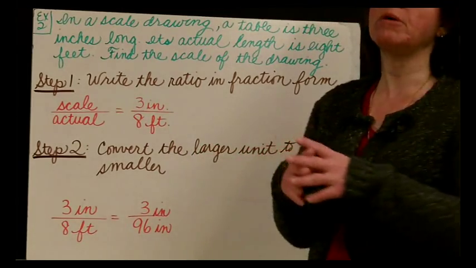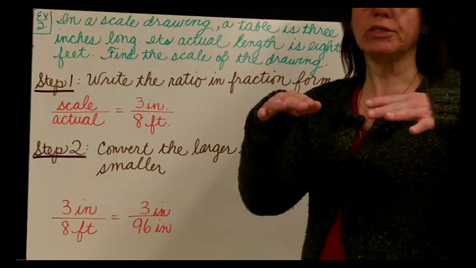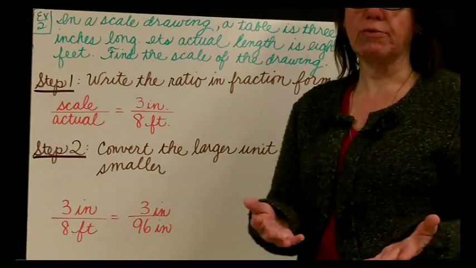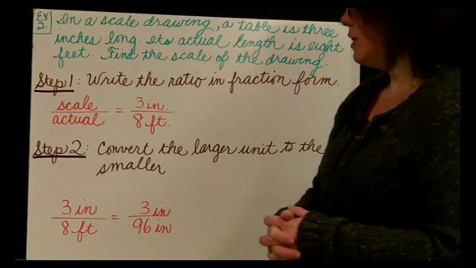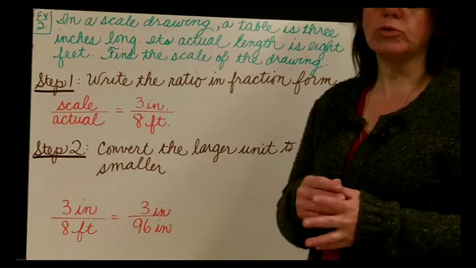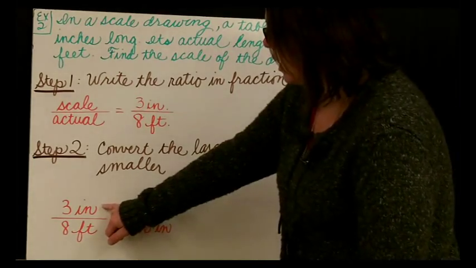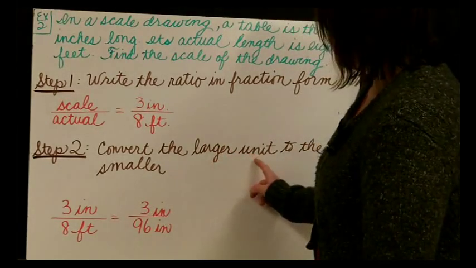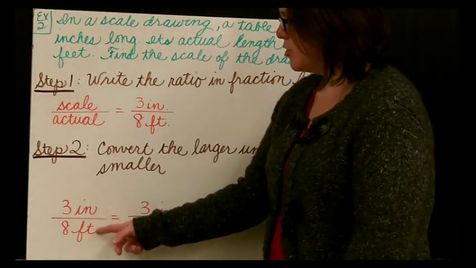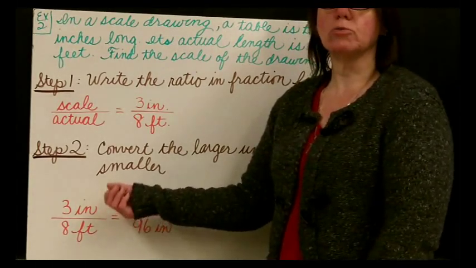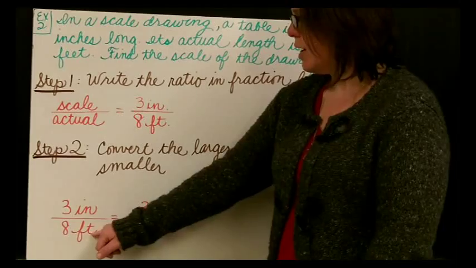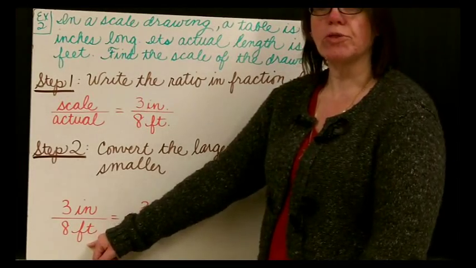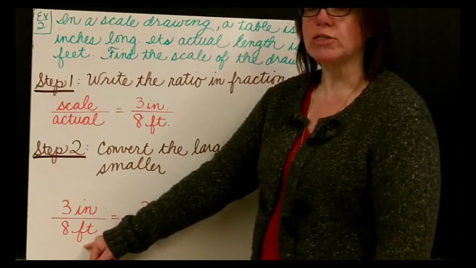And not just common in that the numerators are the same and the denominators have the same. Common in that every single number uses the same unit. And we have to convert larger to smaller. When we're working with inches and feet, inches is the smaller unit, which means we have to take our 8 feet and convert that into the number of inches that it is.